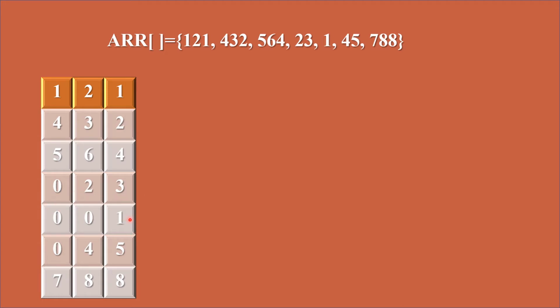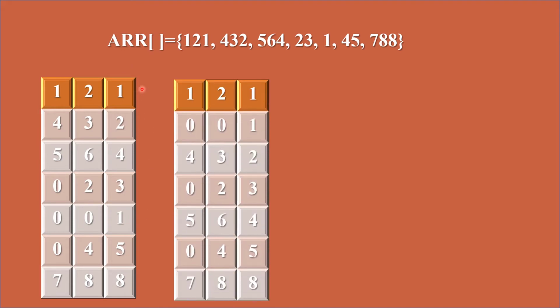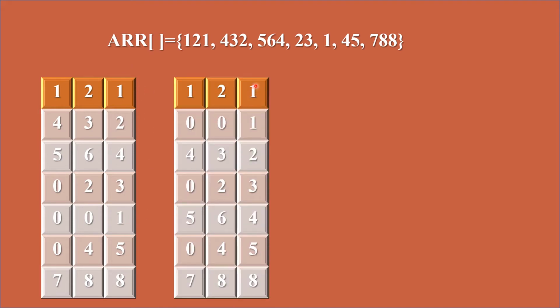Then the first step of the Radix sort algorithm is to sort these elements based on the value in the units place. So we need to sort this in ascending order. The result is sorted in ascending order by the units place.